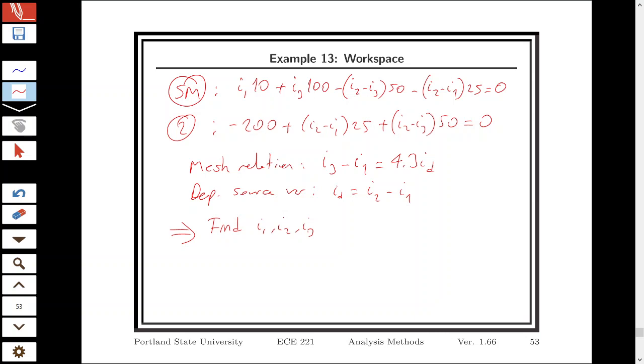Okay, now we need to find the variables of interest in the last step. So they are IA. IA, the current on the 10 ohm resistance, is I1. IB, the current on the 200 volt source, is I2.